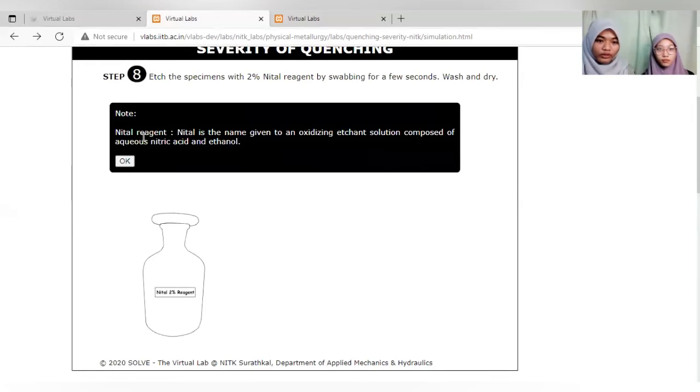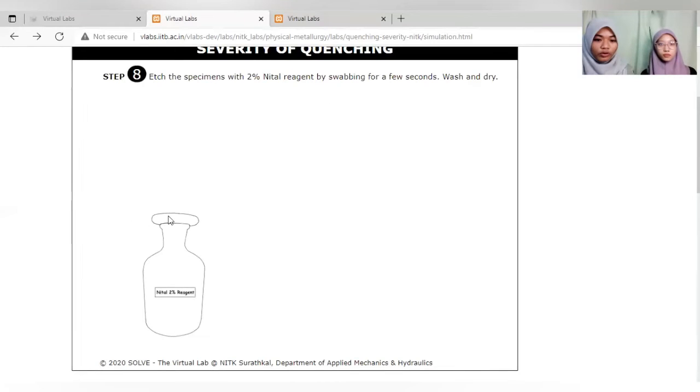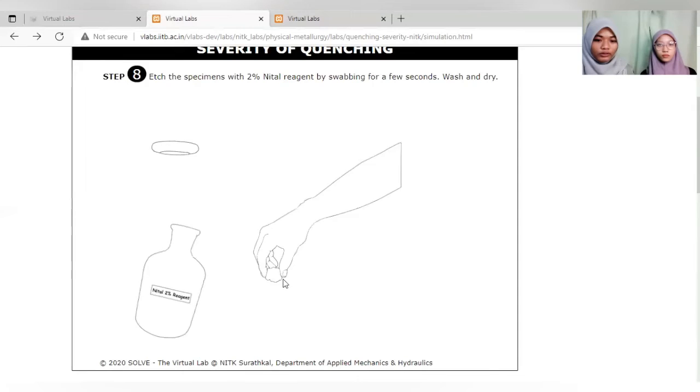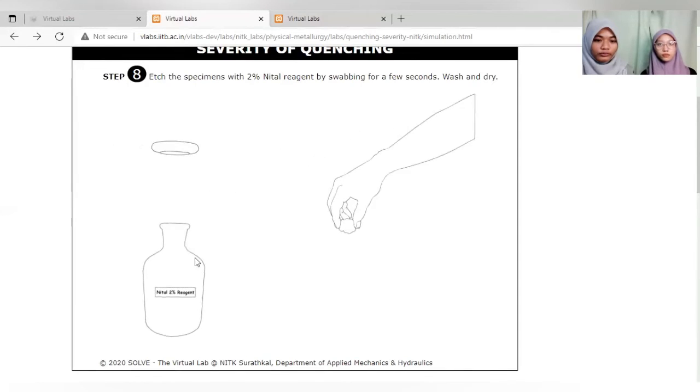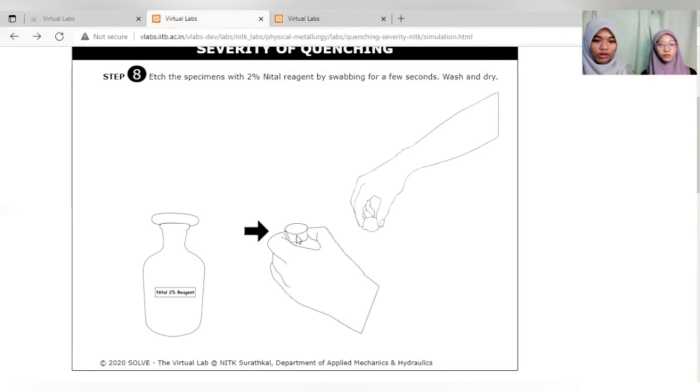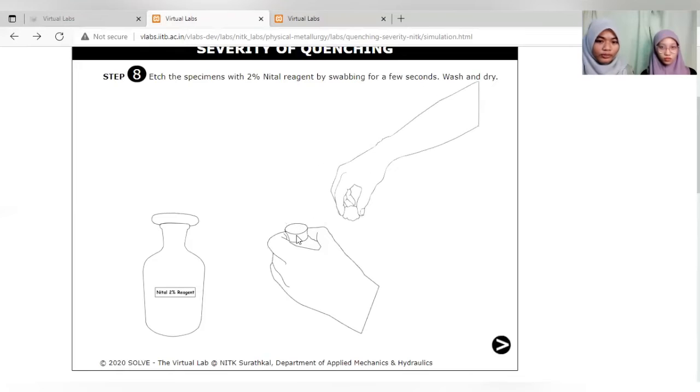For the note, nital is the name given to an etching solution composed of nitric acid and ethanol. So we open the tap water and put the sample, and we wipe the specimen and dry.